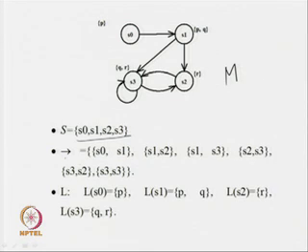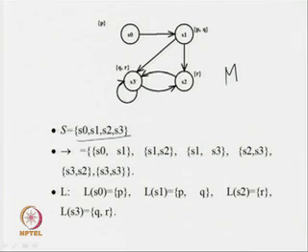How many transitions do we have? 1, 2, 3, 4, 5, 6. So, in total we have 6 transitions. The first is from S0 to S1, then S1 to S2, S1 to S3, then S2 to S3, from S3 to S2, and a self loop S3 to S3.